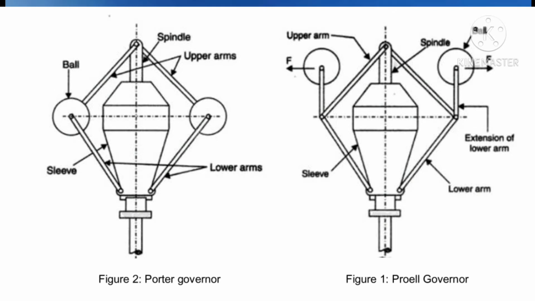Both look similar, but for the flyweight or ball, you can see for the Proell governor there is an extension of the lower arm, right? That is the main difference between these 2 types of governors.